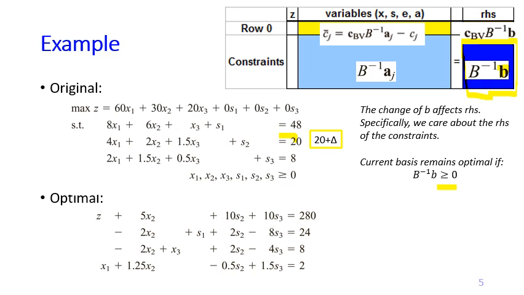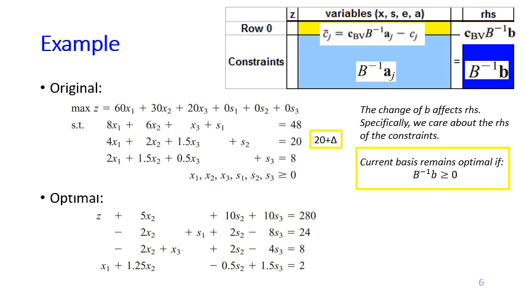The logic is because we have a sign restriction saying that all variables must be greater than or equal to 0, such that whatever change we make in the right-hand side, we need to ensure that in our final optimal table, all the values of the right-hand side must be greater than or equal to 0.